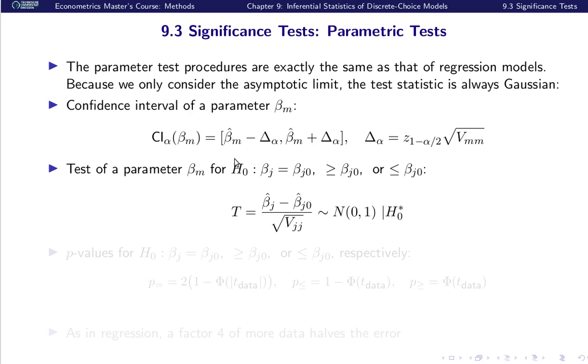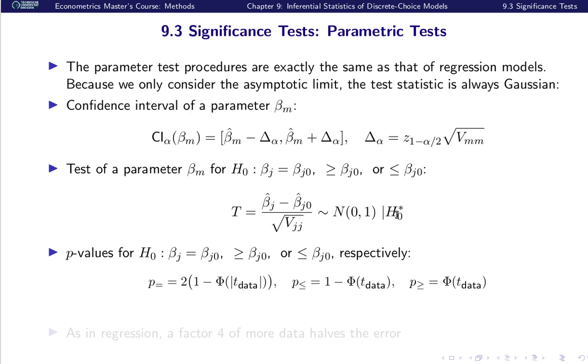The test is completely analogous. You need a test statistic, which is just the deviation from the threshold of a null hypothesis in terms of the estimation error, and this is standard normal distributed if the actual real value is at the boundary of the null hypothesis. p-values are pretty much the same as in the regression.